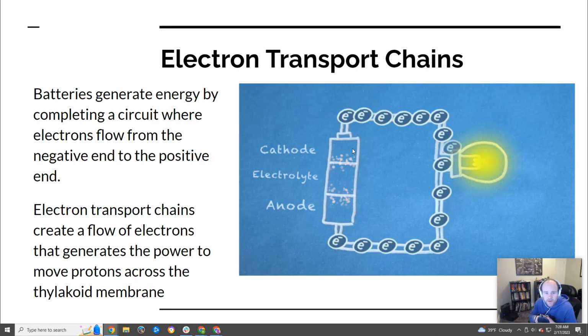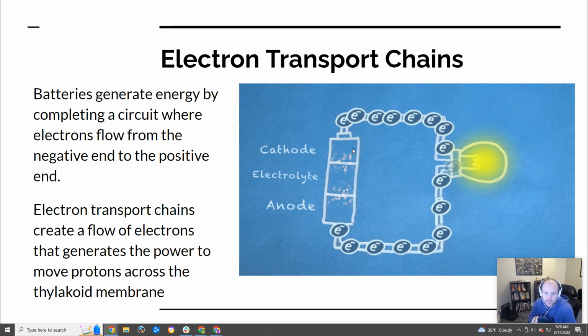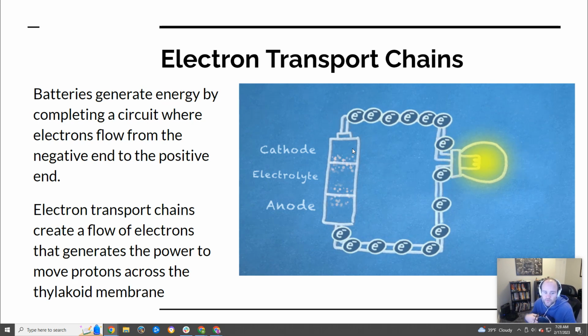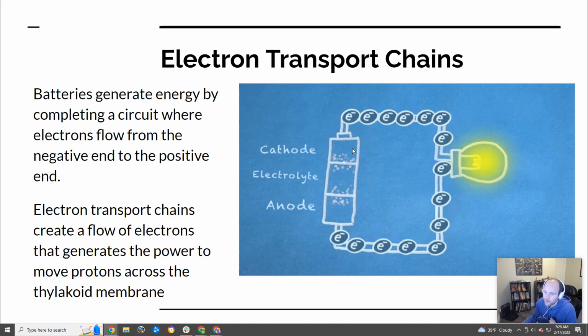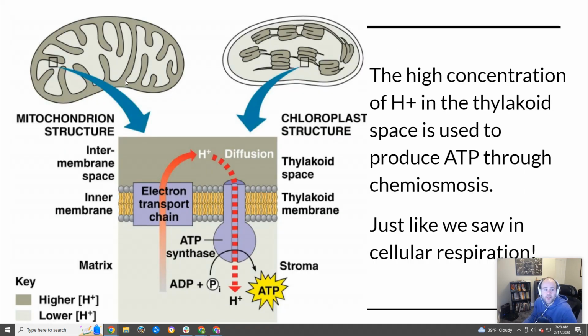As a reminder, the electron transport chain, the flow of electrons, is going to generate the power to move protons across a thylakoid membrane, just like we saw in cellular respiration. So this thylakoid membrane is going to be very similar to the inner mitochondrial membrane, where that electron transport chain is moving hydrogen ions across that membrane.